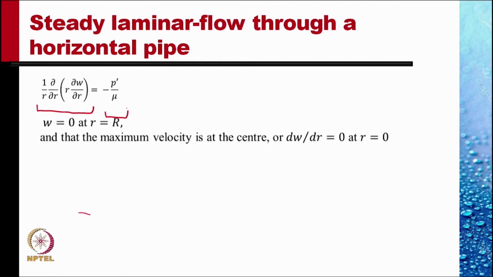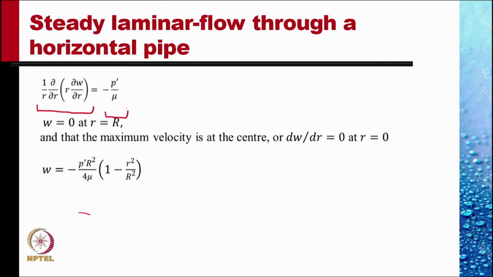This has to be solved with boundary condition w is equal to 0 at r is equal to capital R, the no slip condition. At the cylindrical wall, the velocity should be 0, and the maximum velocity at the center of the pipe, that is dw by dr, is 0 at r is equal to 0.